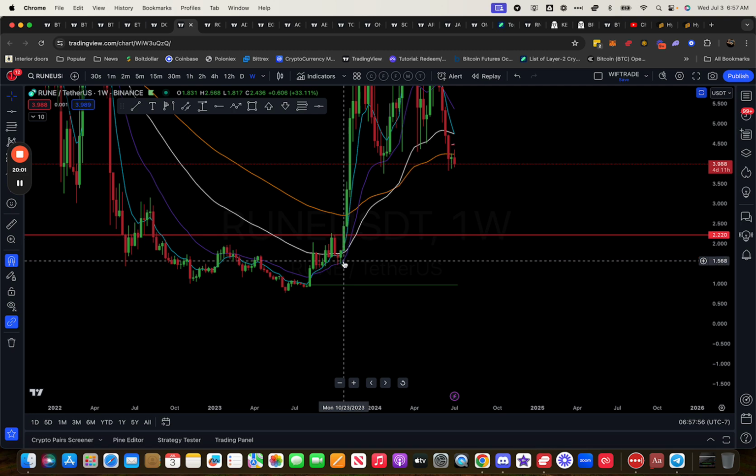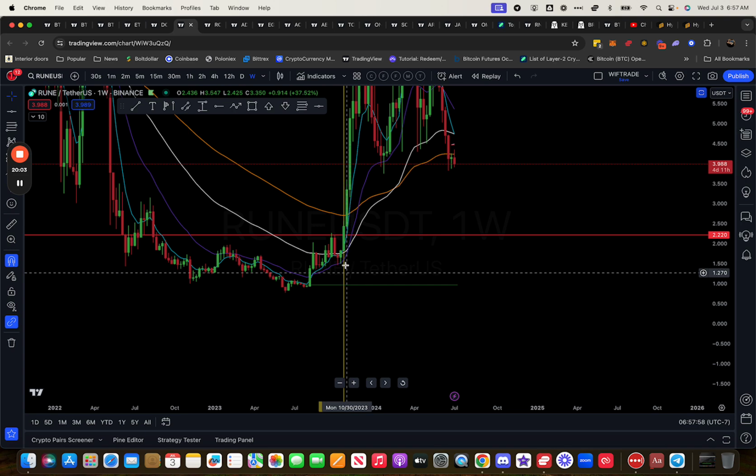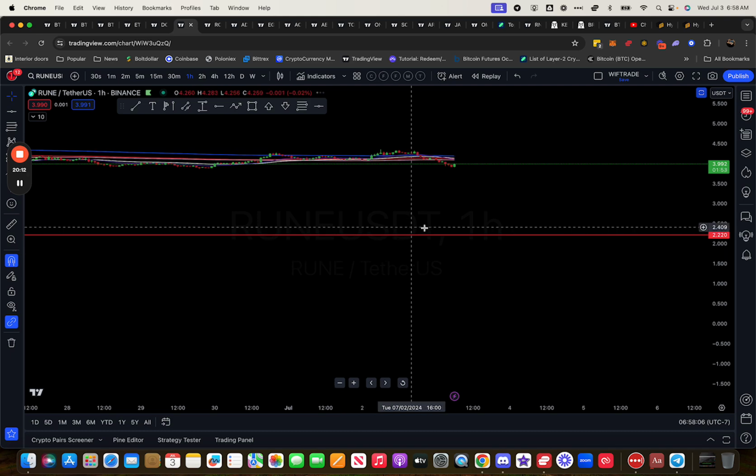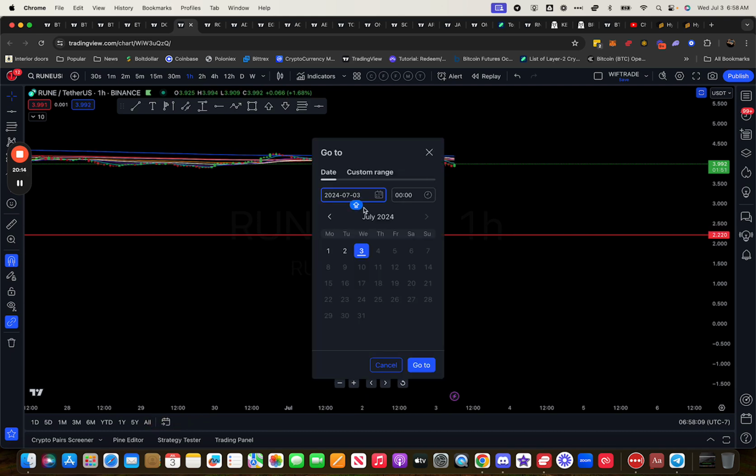What I'm going to do is snap a vertical line, and I want to see on this thrust here, did we back test? That's October 23rd. I don't think we're going to go back that far. Did we go back that much?